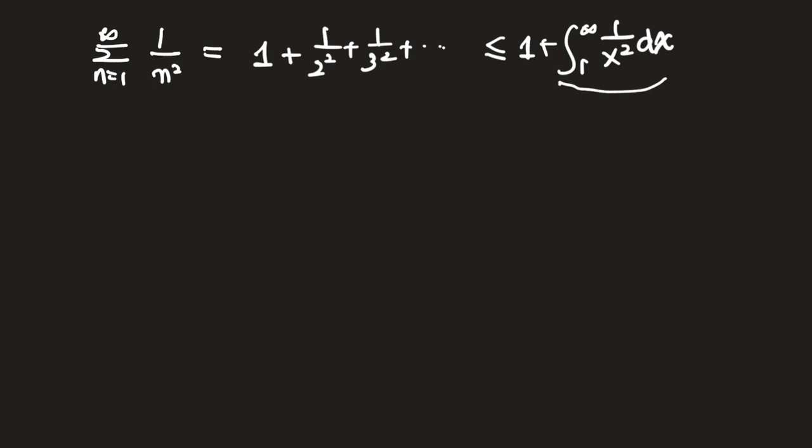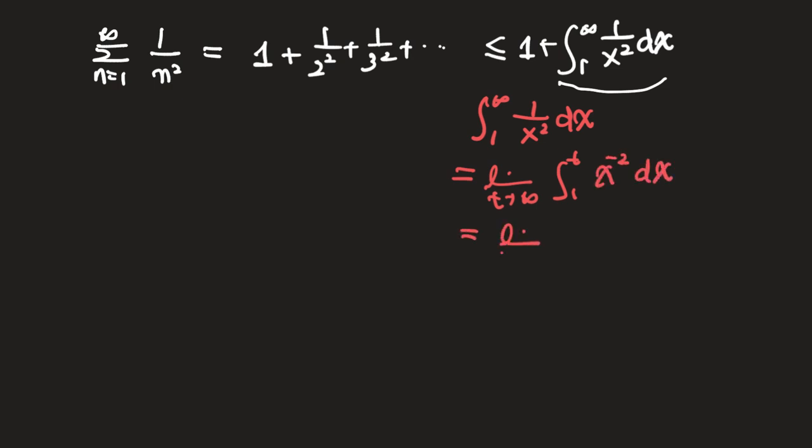Let's calculate the integral from 1 to infinity of 1 over x squared dx. What does this mean? It is the limit as t approaches infinity of the integral from 1 to t of x to the negative 2 dx. The antiderivative is negative x to the negative 1, from 1 to t.